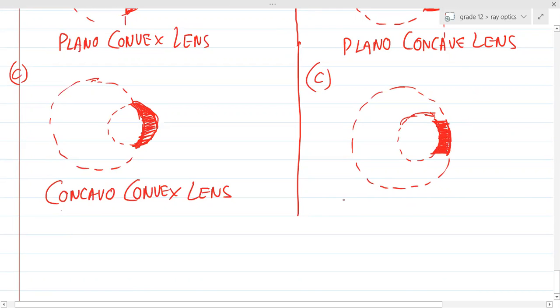This is called a convexo-concave lens. Can you see again one surface is concave and one surface is convex?